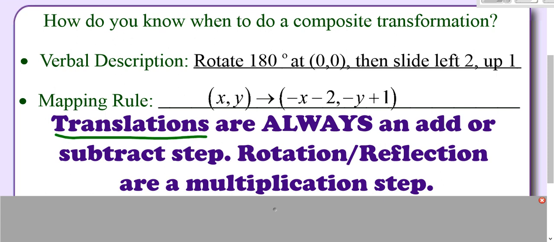The rotate 180, you can see that there also, because for rotate 180, the rule is that it goes to -x, -y. So you can see the -x, -y. That's the rotation. And then you can see the -2 +1, that's the translation.